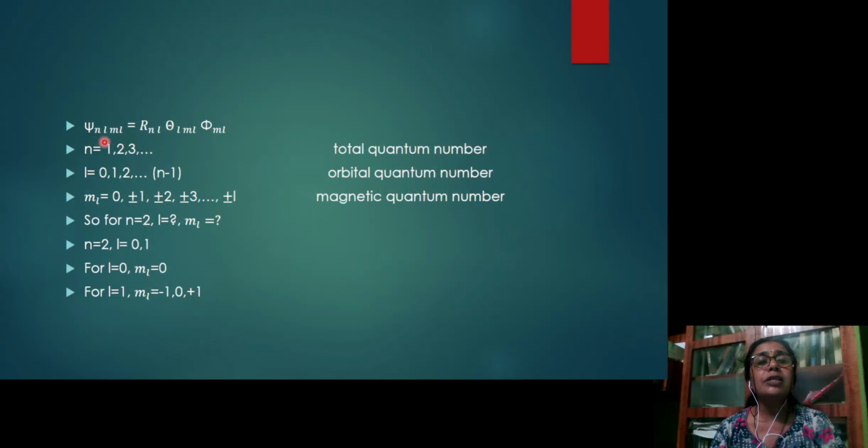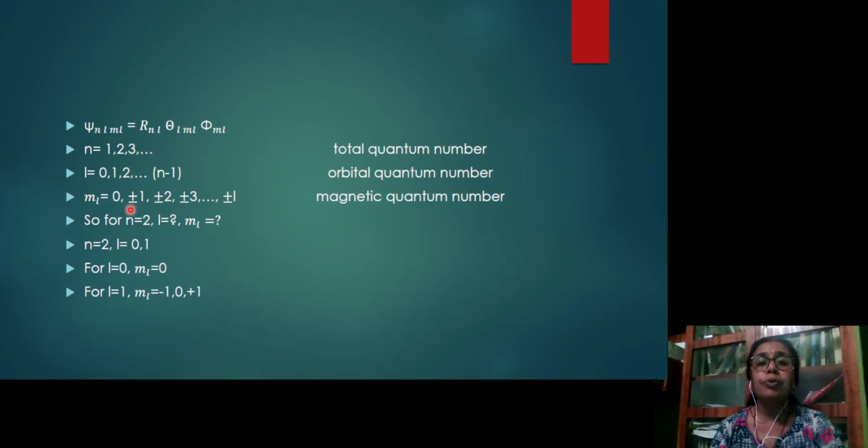So far we have seen these three quantum numbers n, L and ml. So the wave function psi is dependent upon these three quantum numbers n, L and ml. The R function is related to n and L, theta is related to L and ml, whereas phi is related to ml only. These are the possible values of n, L and ml.